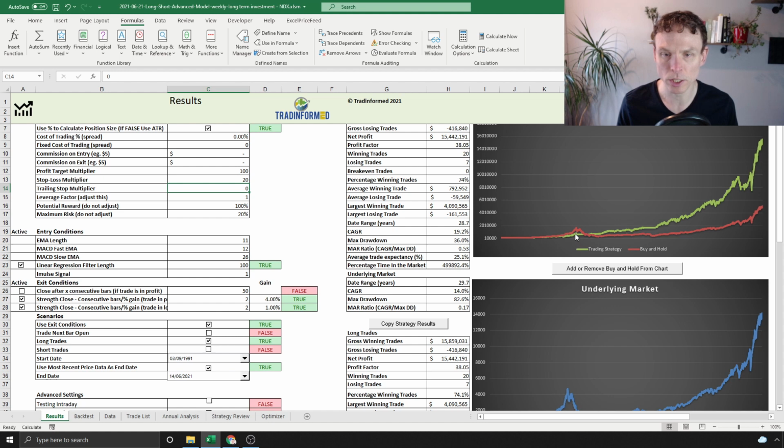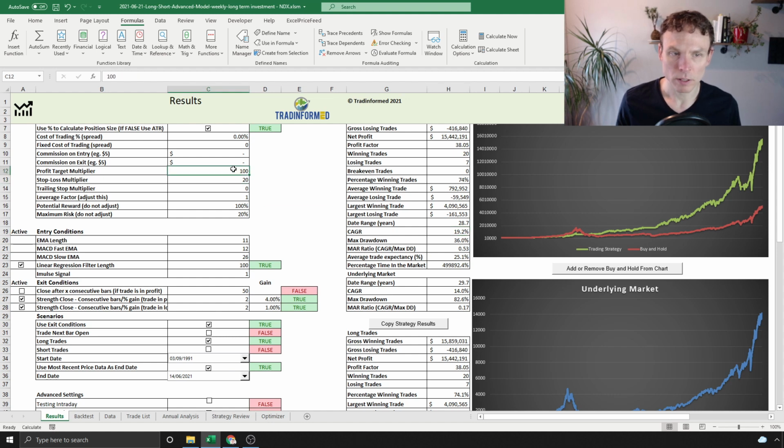Now, the trading strategy we have here, even though it's just a small bump here, shows that it underperformed during the dot-com bubble, but it has overperformed for most of the time period since then. So we can see that consequently it has a higher MAR ratio here, 0.53 compared to 0.17.